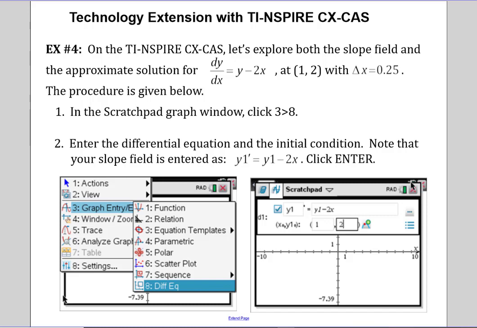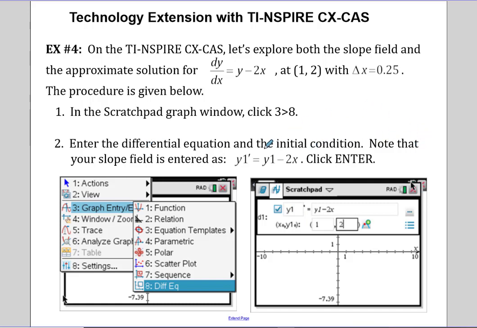So the procedure below is how you go about doing that. You'd want to go to a Scratchpad graph window and then click 3 and then click 8. That will lead you to this differential equation. And we want to enter the differential equation and the initial condition.